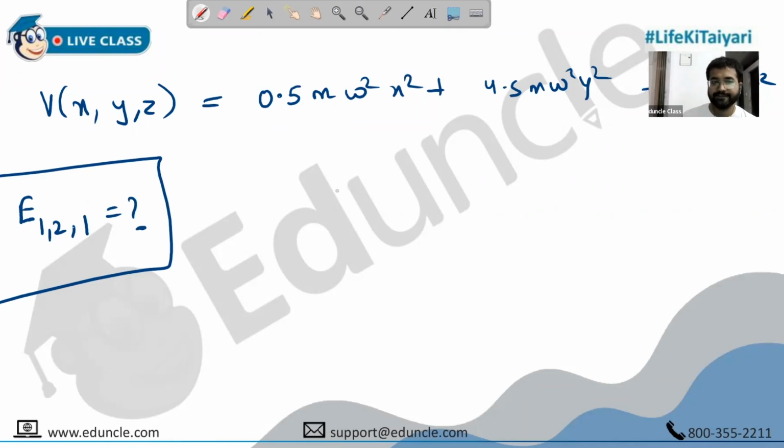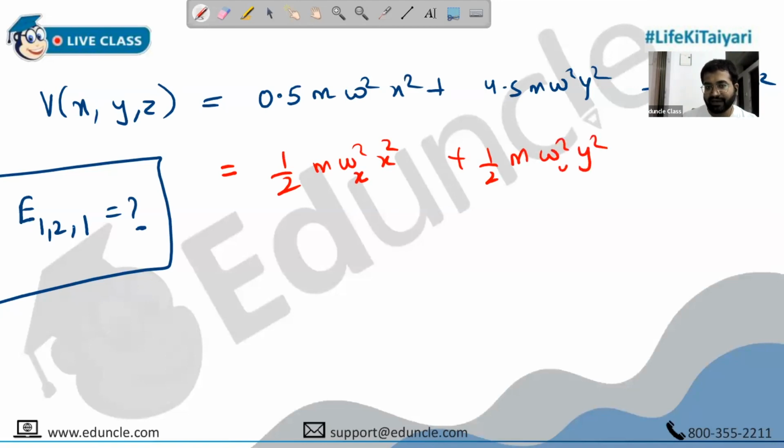How to do this? Sir, we will compare. First, we will write this as half m omega x square x square, anisotropic oscillator. Half m omega y square y square, and this becomes half m omega z square z square. So if we compare, m gets cancelled, x square gets cancelled.